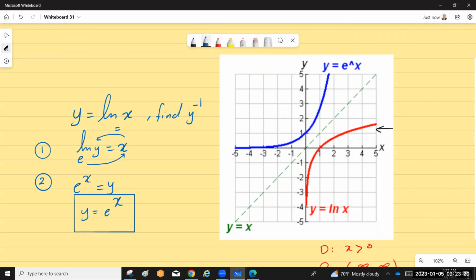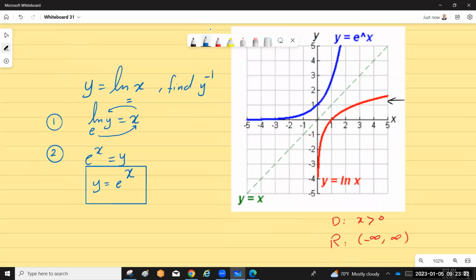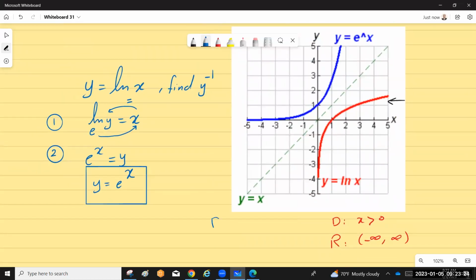As you see, for the inverse function e to the x, the domain is negative infinity to infinity, and the range is y bigger than 0. Any function and its inverse are always symmetric about the line y equals x. Each point x, y here will be y, x in the inverse.